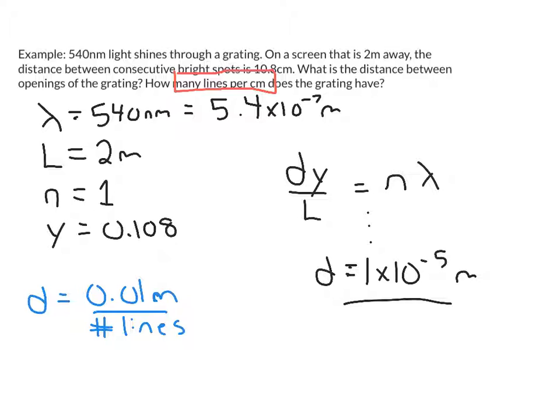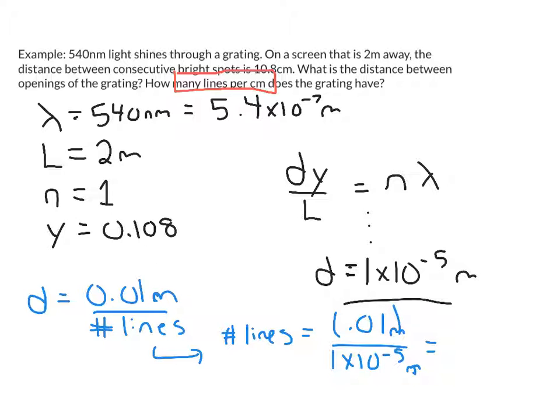We've done the math to figure out the d value, so if we want to know the number of lines, it's the 1 centimeter divided by the d we calculated. Just a little bit of algebra issue. These are both in meters, so the meters cancel out. If we do the math, it's a little bit messy and I didn't word that very well, but we get 1,000 lines per centimeter.